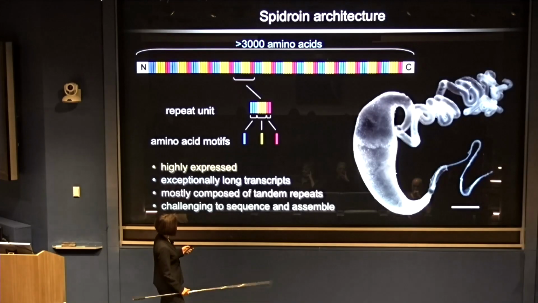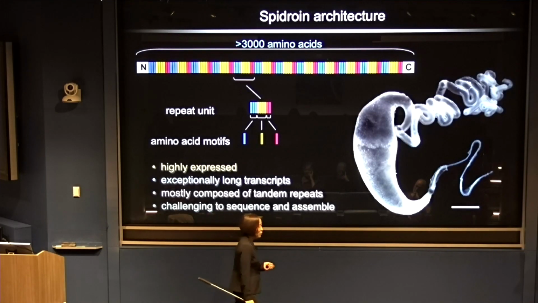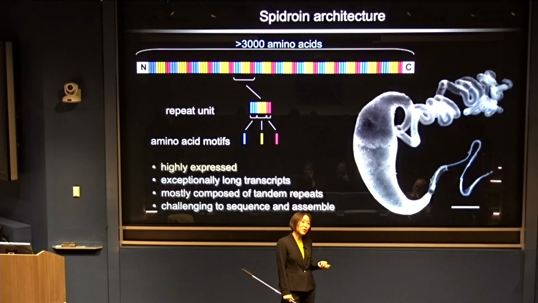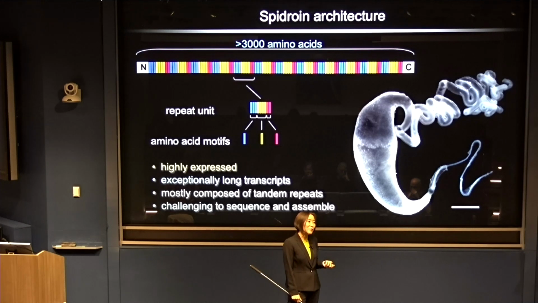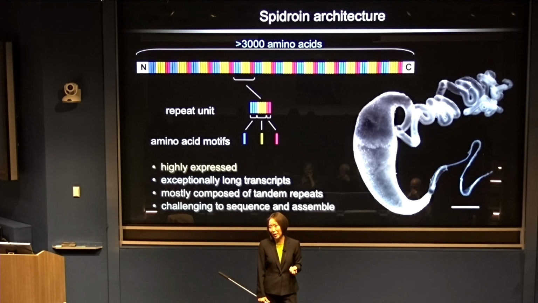And just one final comment here, so much of the work I'm going to show you today is really new since about 2019, 2020, and that's because of the availability of accurate long read sequencing. Most of my career, I worked with short read sequencing, so hundreds of base pairs.